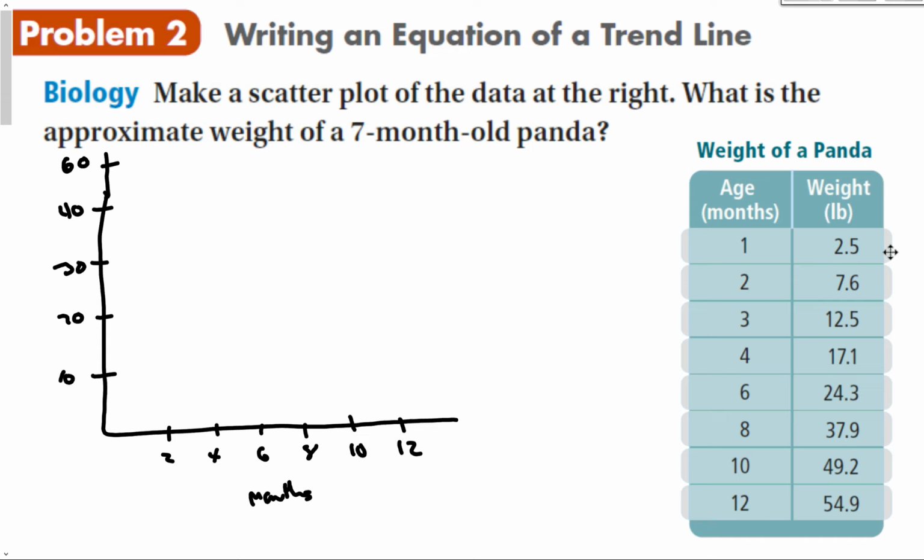So 1-month-old panda, and we expect this to have a positive correlation, right? As the panda gets older, it's going to get heavier, right? We're going to feed it, going to get heavier.